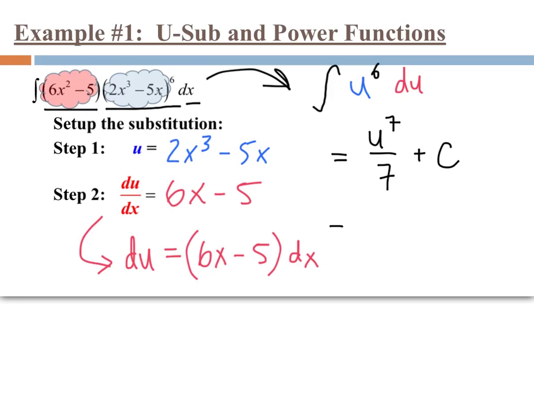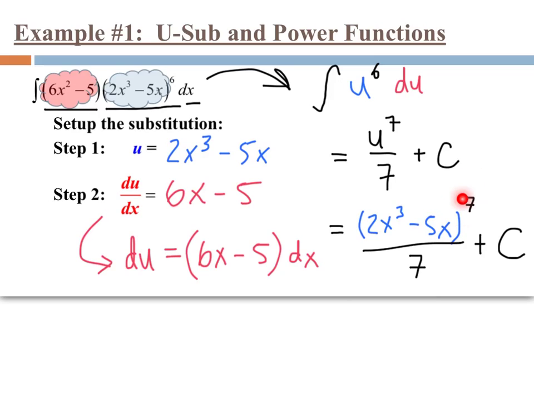So in the final step, what do we have to do with u? We have to replace it back with 2x cubed minus 5x, all raised to the 7th power, divided by 7 plus c. Now this answer here, everyone, if you were to take the derivative of it, just take a look for a moment at what would happen.